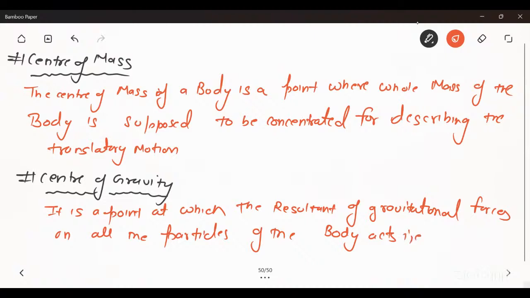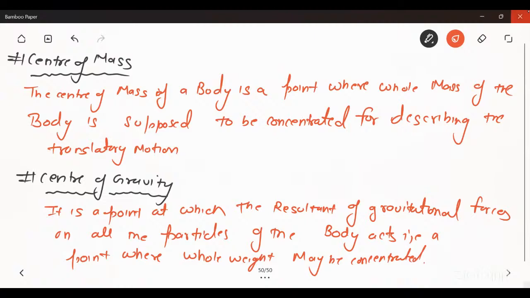That means a point where the whole weight may be concentrated. So it always comes at the middle point of the object, but the center of mass may or may not be at the middle point.